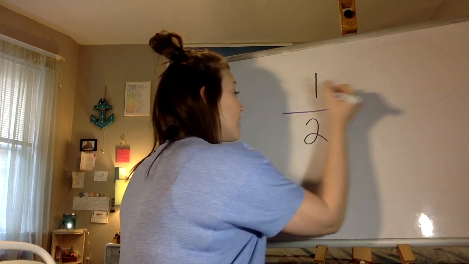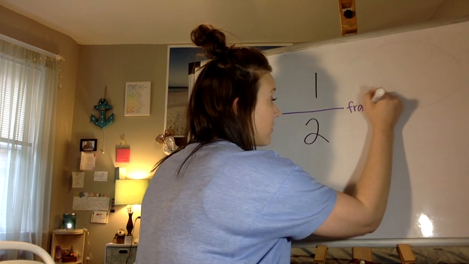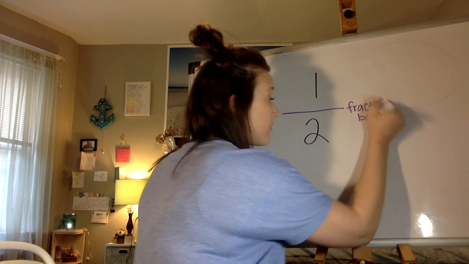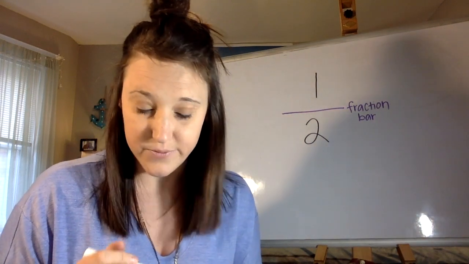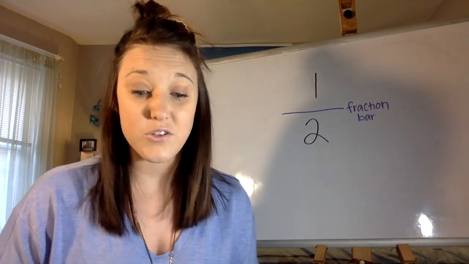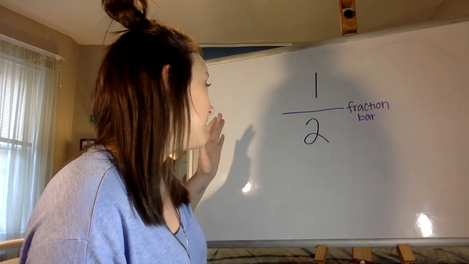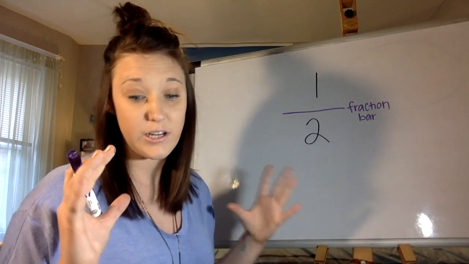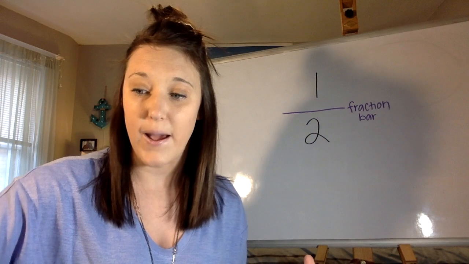This is a fraction bar. A fraction bar is just showing us where we're going to split our fraction, because we have one shape or one thing that we had split into parts. Let me explain more in depth what that means.